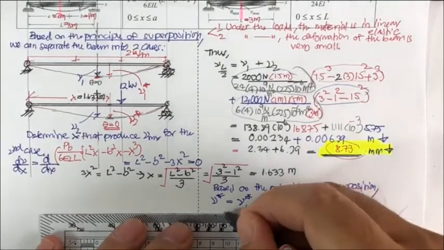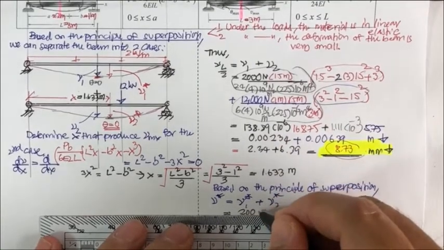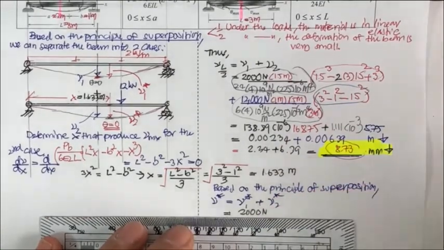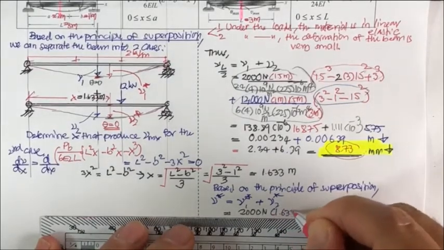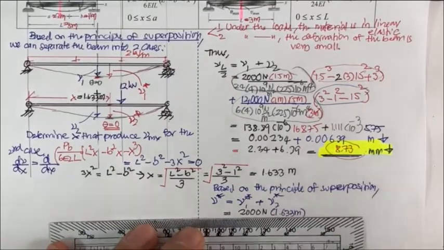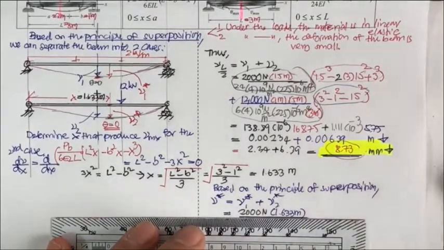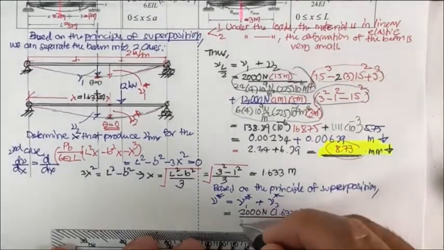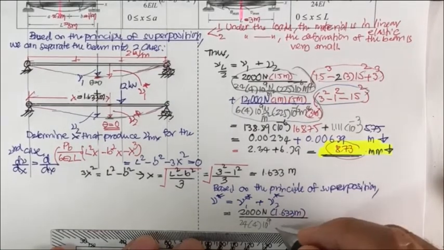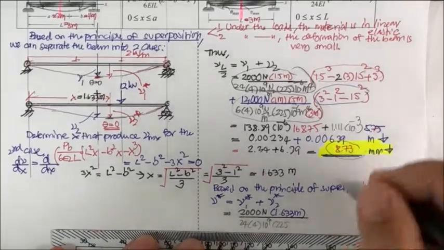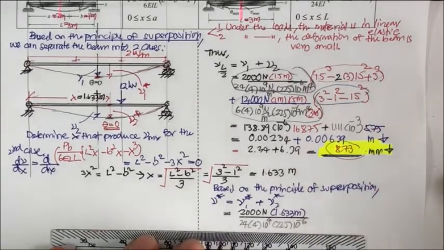So it's going to be equal to 2000 Newton, and then let's put this one 1.633 meter, divided by the same number there. This is going to be 24 times 4, 10 power 9, 225, and then 10 minus 6.